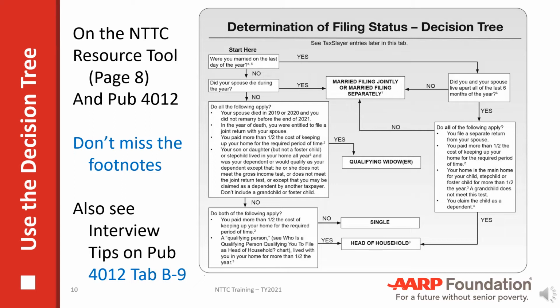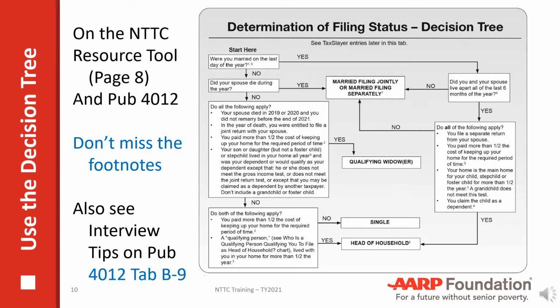But what's important here, and what's also important with dependency, don't ignore the footnotes. As you go through this flowchart, you really can't see it very well on this slide, but there are places where there are superscripts, like a little number 1 or a little number 2, a little number 3.